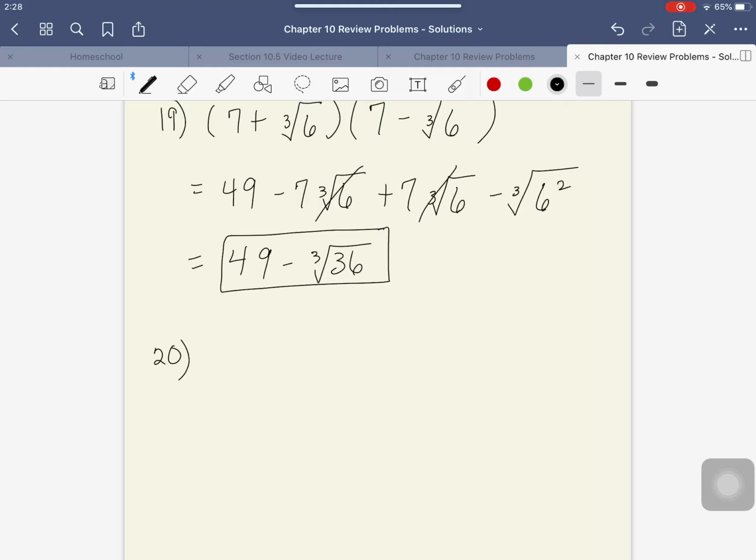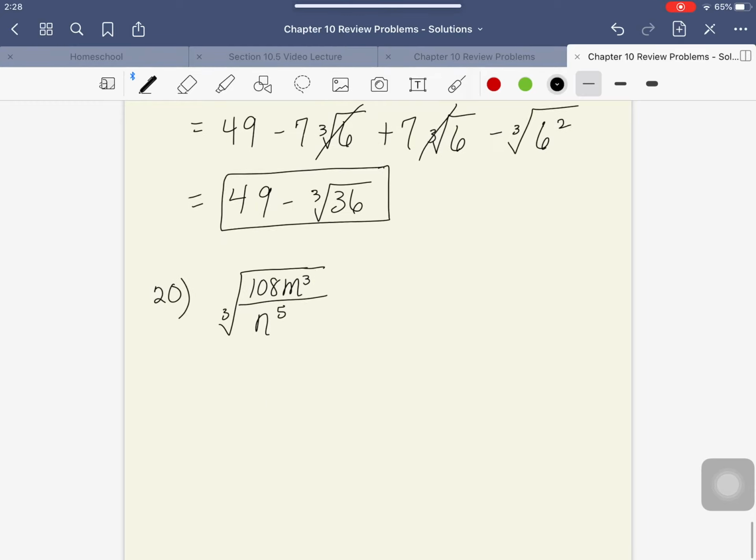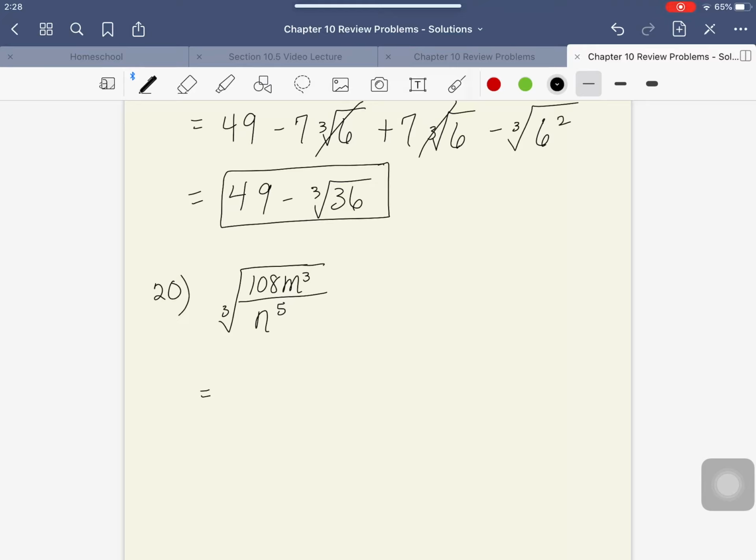Number 20, we have the cube root of 108 m cubed over n to the 5th. So what I'll do first is I'm going to separate it, but I'm also going to write this in terms of perfect cubes. So the cube root of the perfect cube within 108 would be 27.